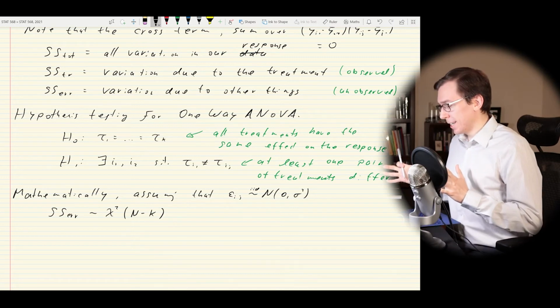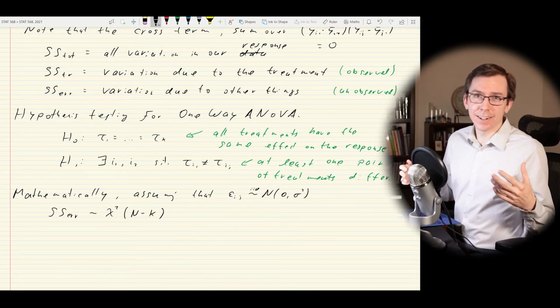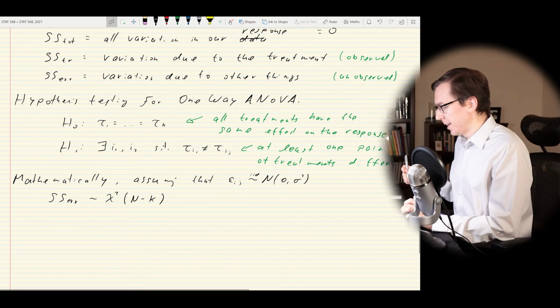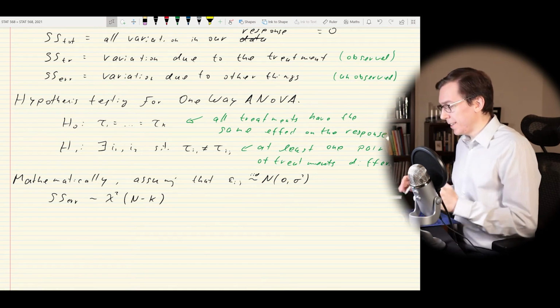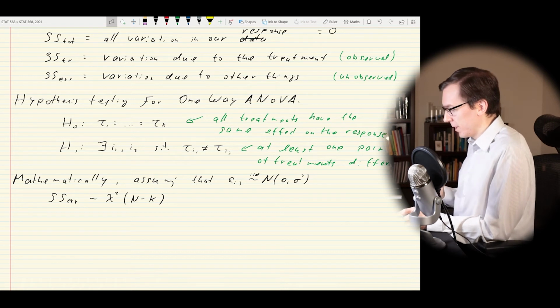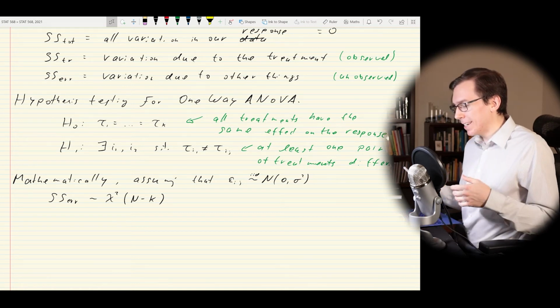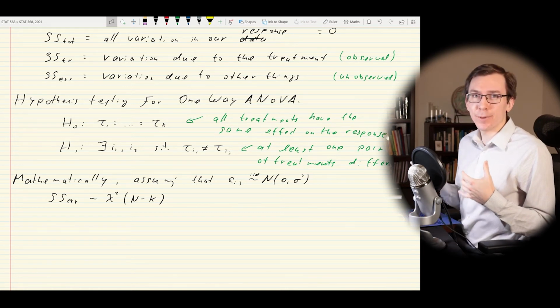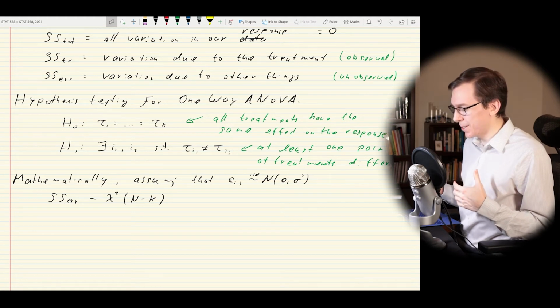So mathematically, again, assuming that our errors have a normal distribution with equal variances, sigma squared, for all of them, then the error sum of squares has a chi-squared distribution with n minus k degrees of freedom.